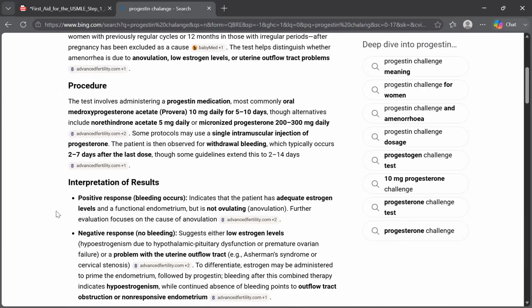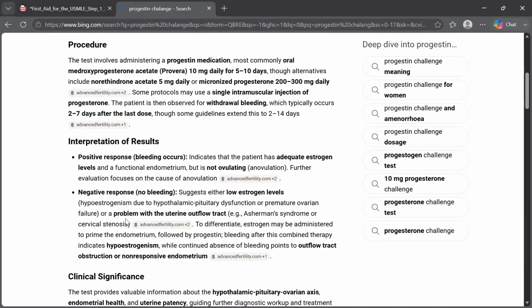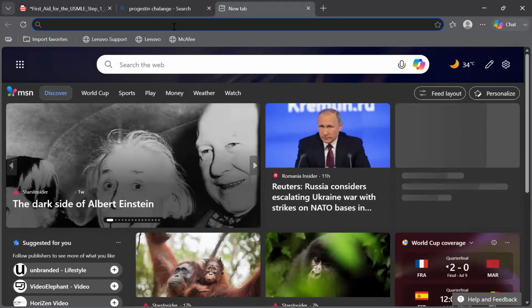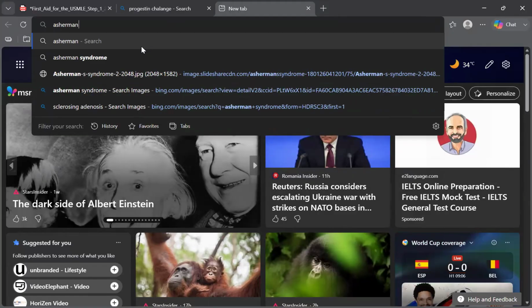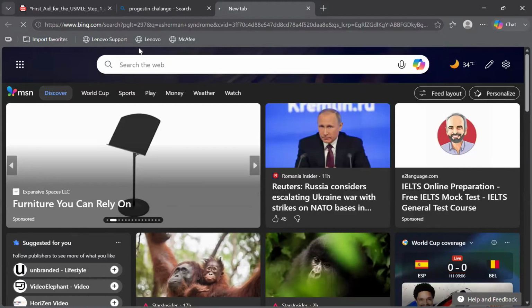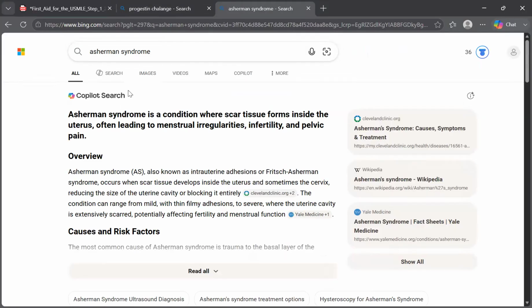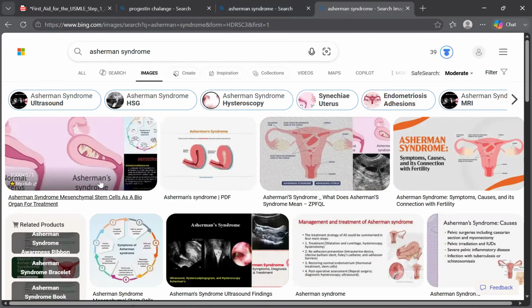But if there was no bleeding, it suggests that there could be low estrogen levels or a problem with the uterine outflow tract, for example, Asherman syndrome or cervical stenosis. I need to search Asherman syndrome again. So if there is no bleeding, that means that the patient has anatomic defects. Okay, it's scar tissue formation that leads to menstrual irregularities. I remember it now. There's going to be a lot of tissue in the uterus, and this is going to cause bleeding to not be possible.